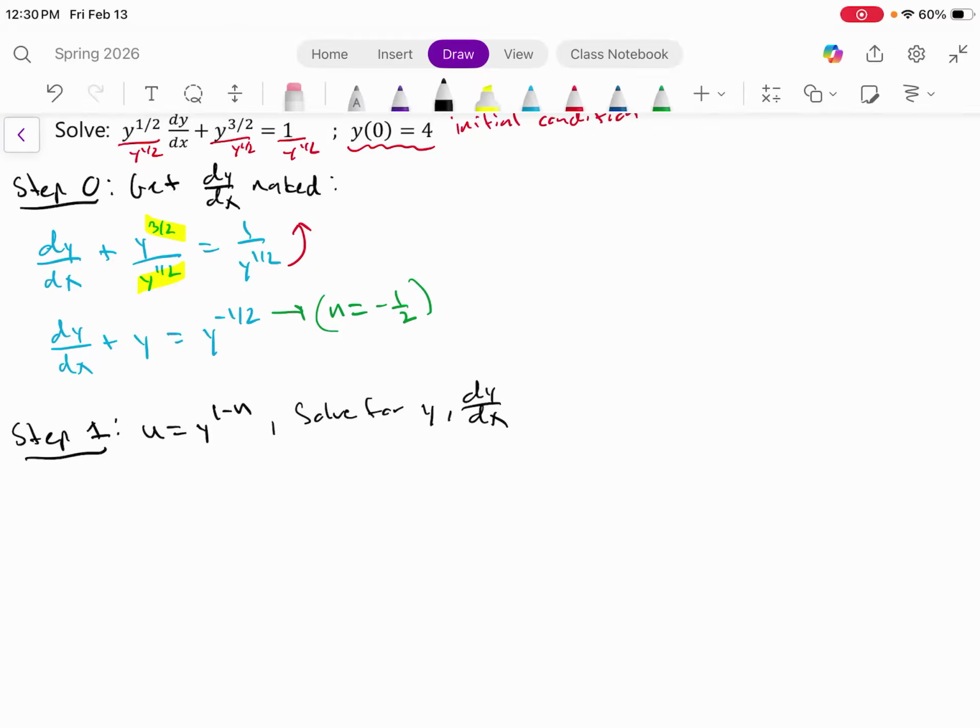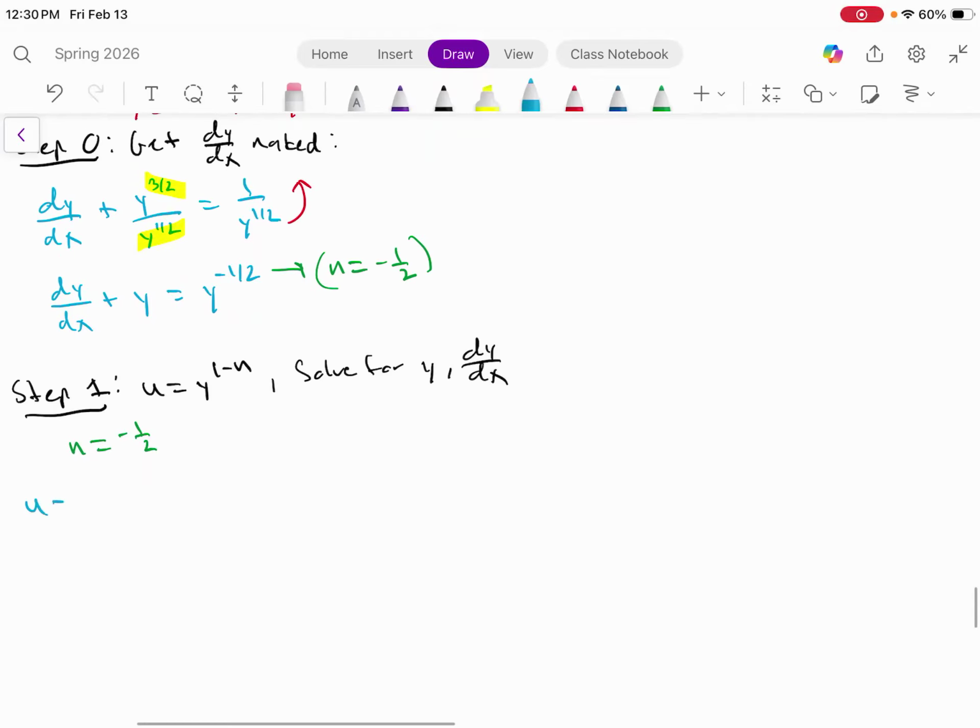So let's go ahead and try this out. Remember, we have n equals negative 1/2, and we're going to use this to get our u. So u equals y to the 1 minus negative 1/2. Be careful with the negatives. And what we get is u equals y to the 1 plus 1/2, which would be 3/2.